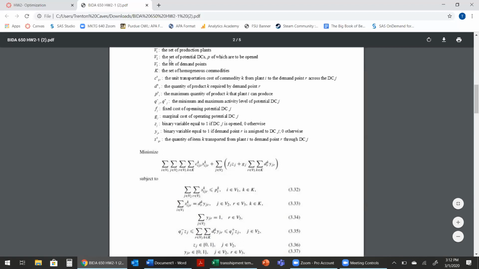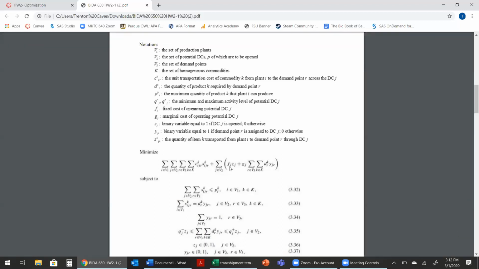We don't know how many, but for each distribution center that we open, there's a cost associated with opening it. And that's the F sub J Z sub J.